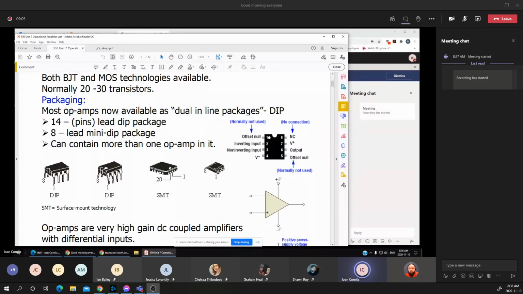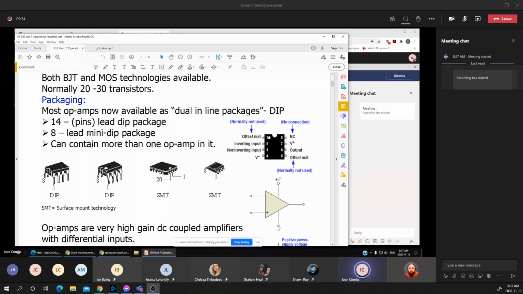In terms of packaging, most of the time we'll see the dual inline package, abbreviated as DIP. Dual inline means that we may see an integrated circuit with 4 pins or leads on one side and the other 4 on the other side. At the same time, we may have the same operational amplifier on 8 pins or 14 pins.